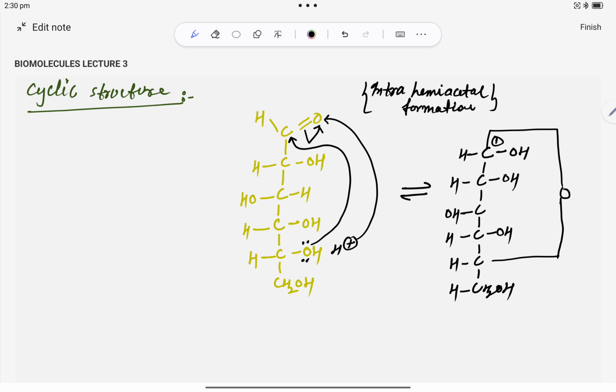Okay, this H is not there, sorry. CH2OH. Okay, so that is the formation. Here oxygen is placed.